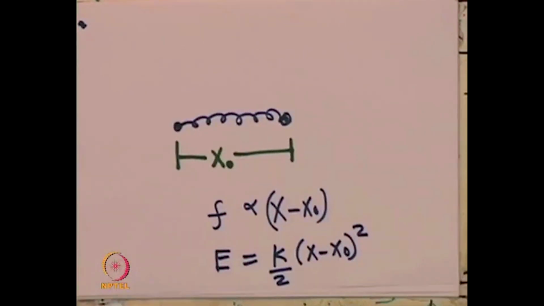So now let us take an example of such a spring. This is the simplest form of energy you can think of, a protein that can be stretched or compressed, a spring like protein. For simplicity, we are imagining a protein of this particular nature, and the energy of this protein is given by k by 2 into x minus x0 whole square, where k is some constant, x0 is the distance when you apply no force, and x is the distance at any time whenever you stretch it.